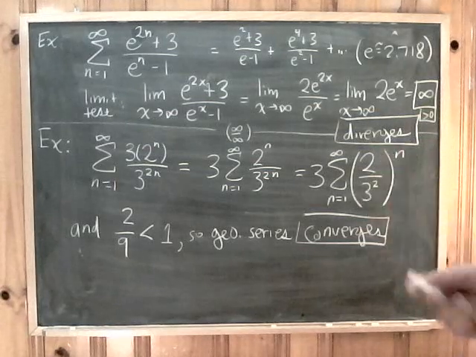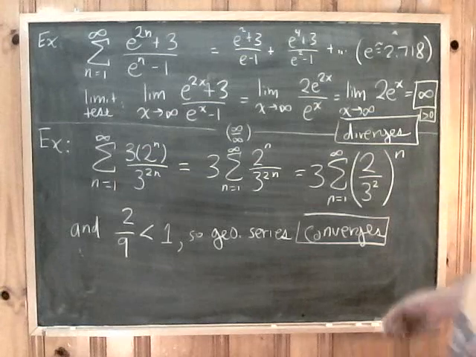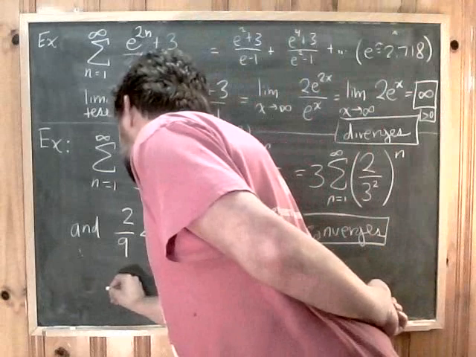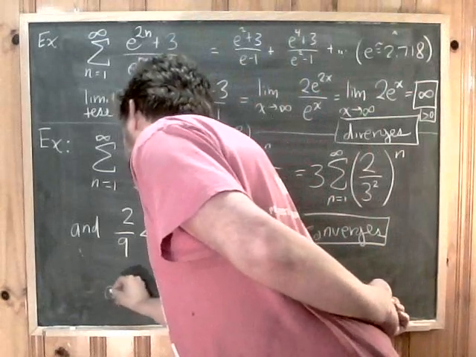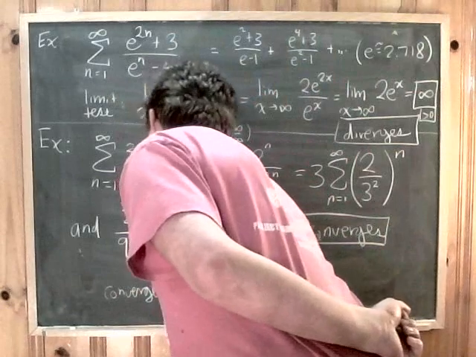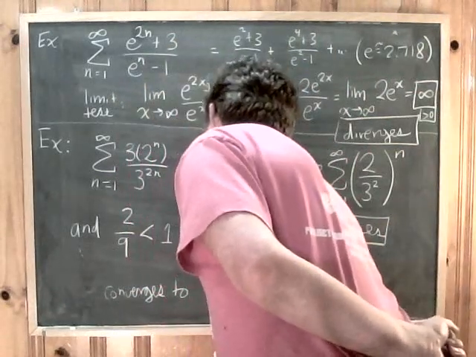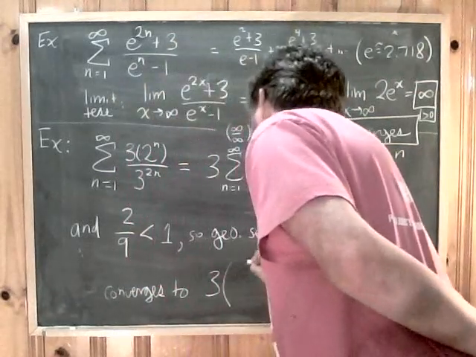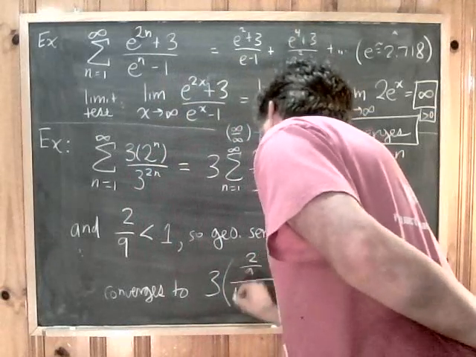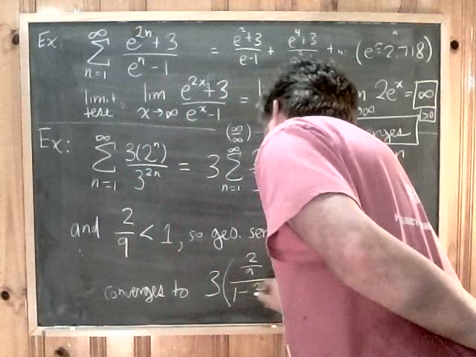But for 2/9, it goes the same way. And I do have to remember this 3 is out front. So it converges to 3 times 2/9 divided by 1 minus 2/9.